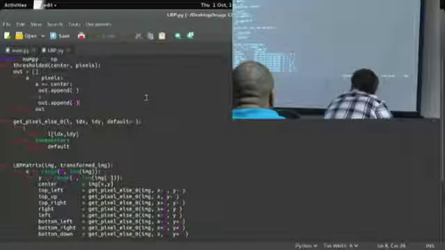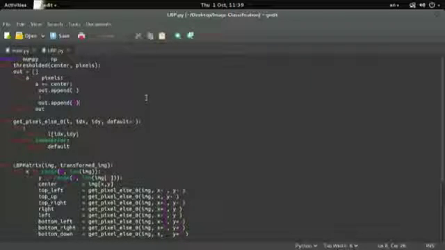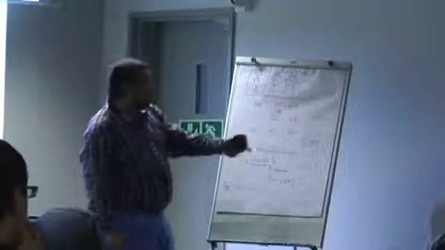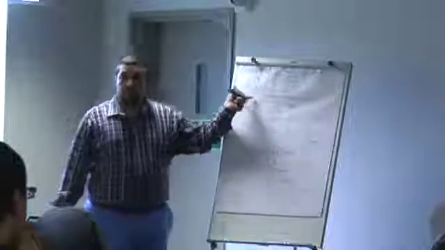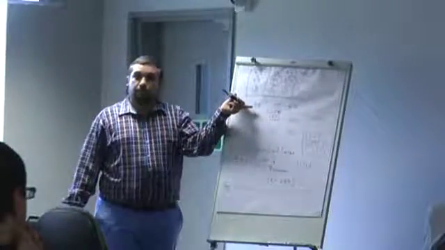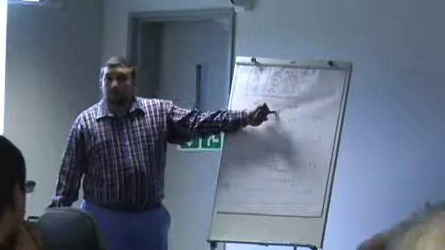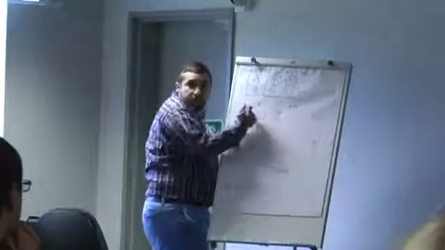So this one is x, y, right? Now if I want to go to the top left, what will the value be, if this one is x, y? So the x will be x minus 1 if you go in that direction, right?